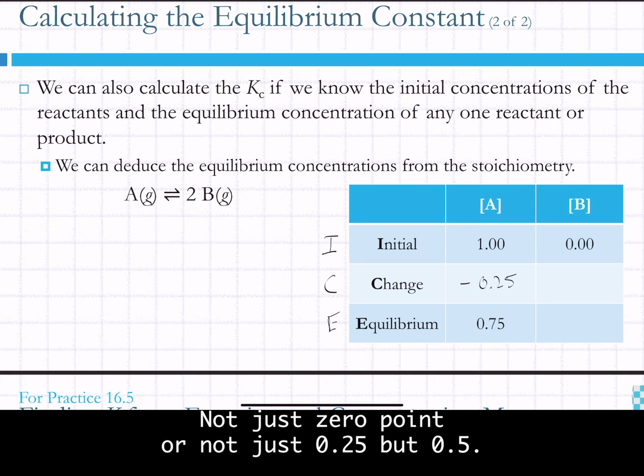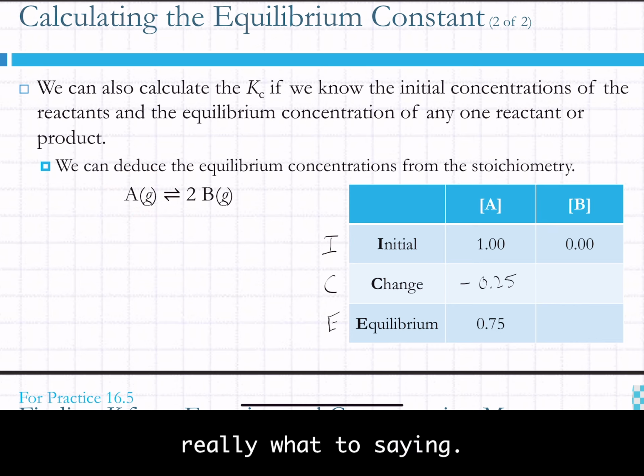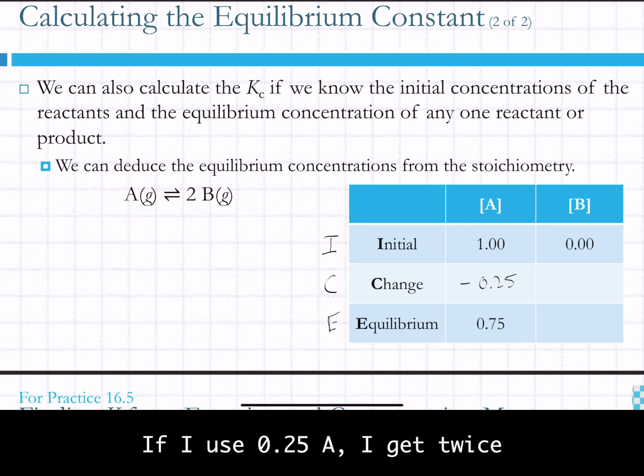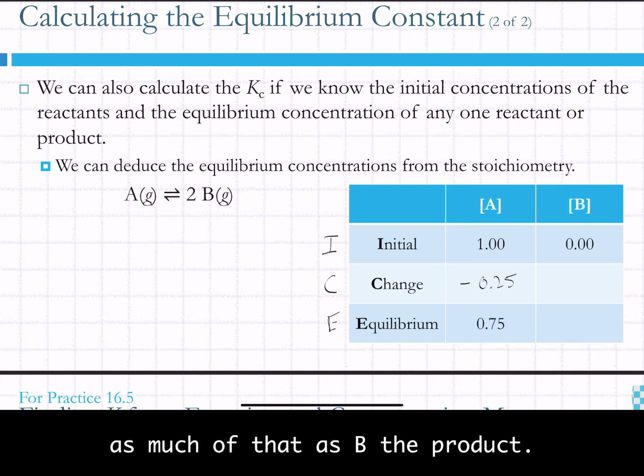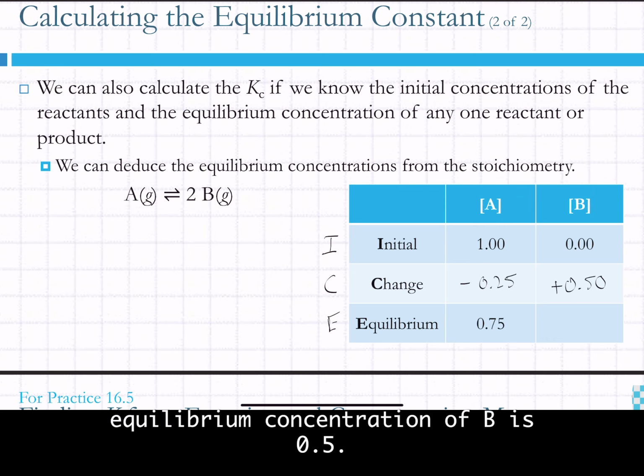Not just 0.25, but 0.5, because I've got an equation here that says, if I use 1A, then I get 2B. If I use 0.25A, I get twice as much of that as B, or the product. So this increases by plus 0.5. And so the equilibrium concentration of B is 0.5.